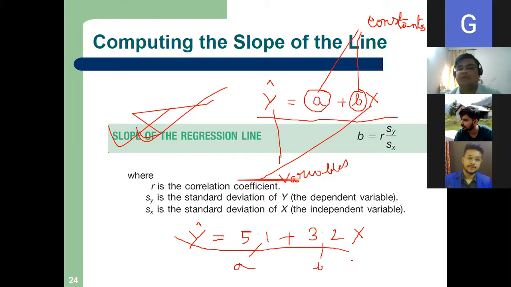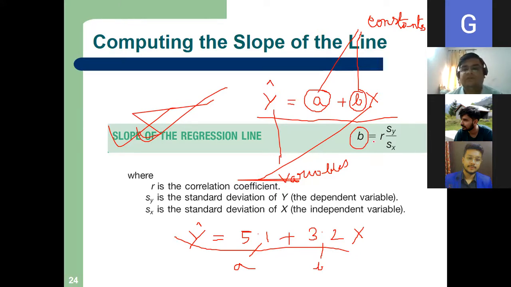So our only job is to calculate A and calculate B. Y hat and X are variables, so we need not calculate. So I am giving you the two formulas. One is how to calculate A and how to calculate B. So B is given by the formula. Please write down, all of you, the formula.